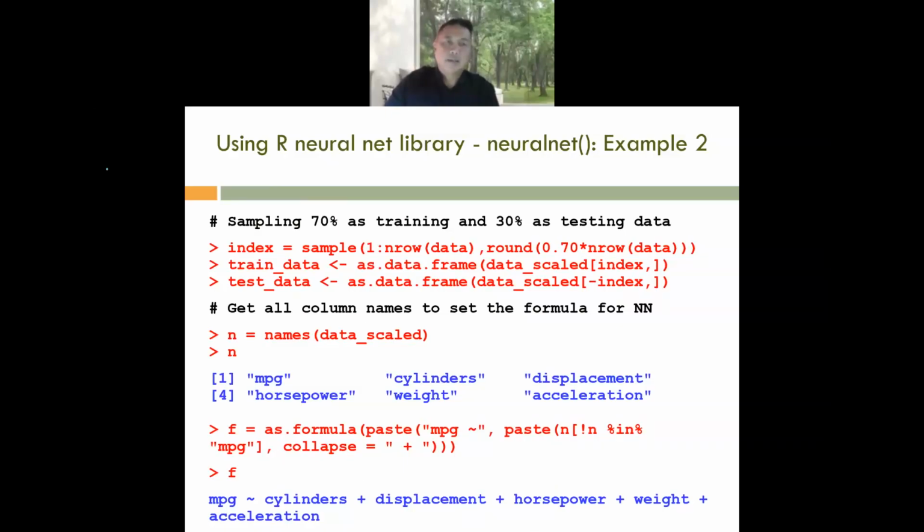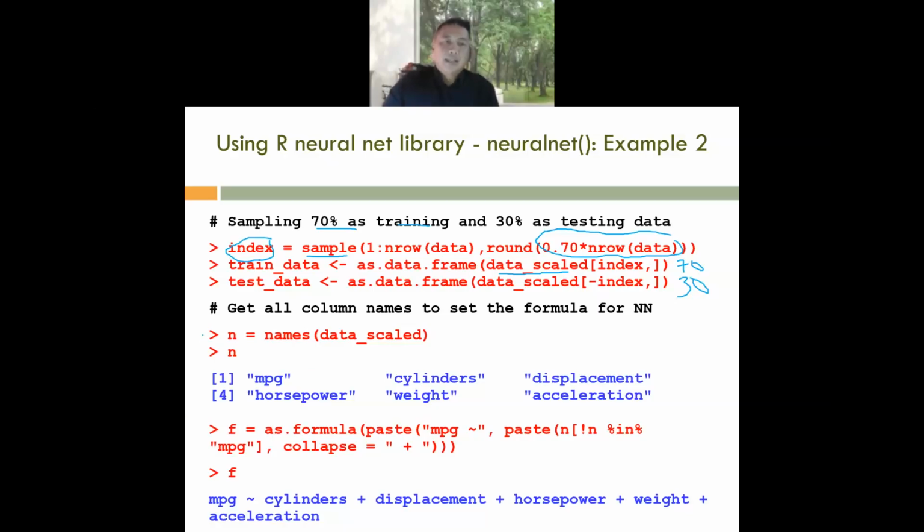In this example, we are using 70% of them as training. We could use this sampling method in which we take 70% of them and put it in the index here. All the indices will be extracted from the scaled data that we have. So this one will have 70% of the data, and this one will be the remaining.